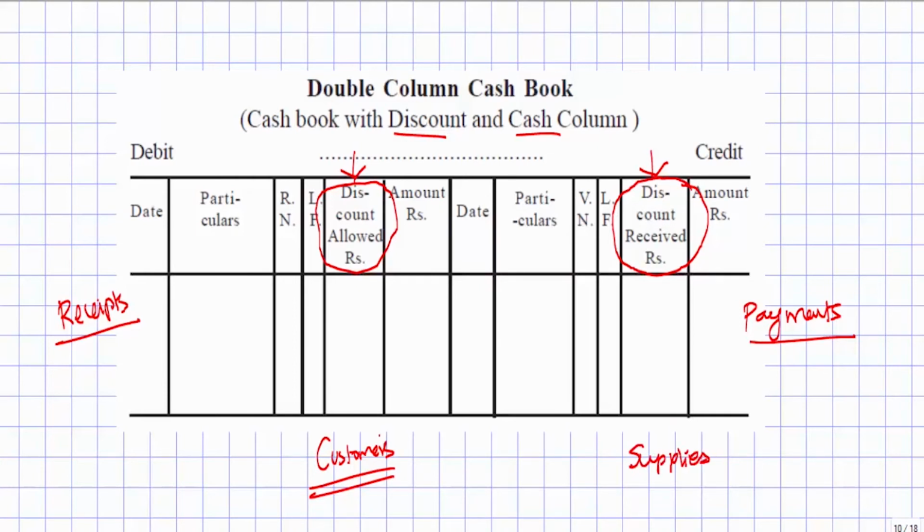That is, when you total this, what you get is discount allowed to customers, and when you total this, what you get is discount which you have enjoyed or you have received from the suppliers, right? So let's take a simple example to understand, or a simple case study to understand this double column cash book in the next session.